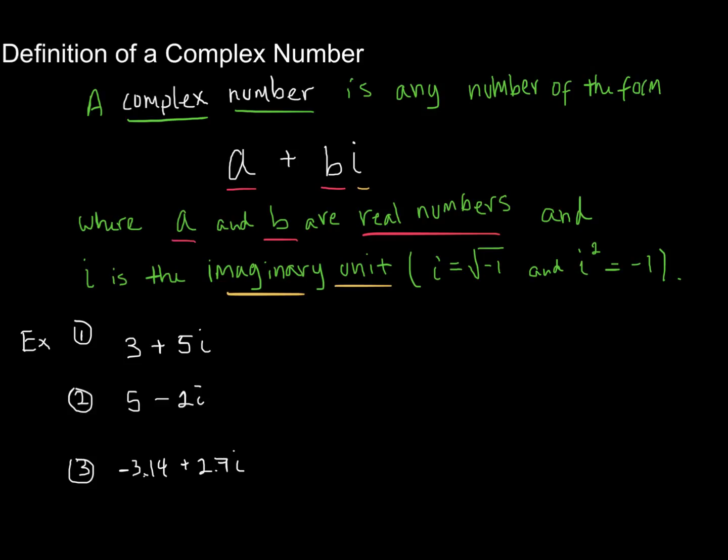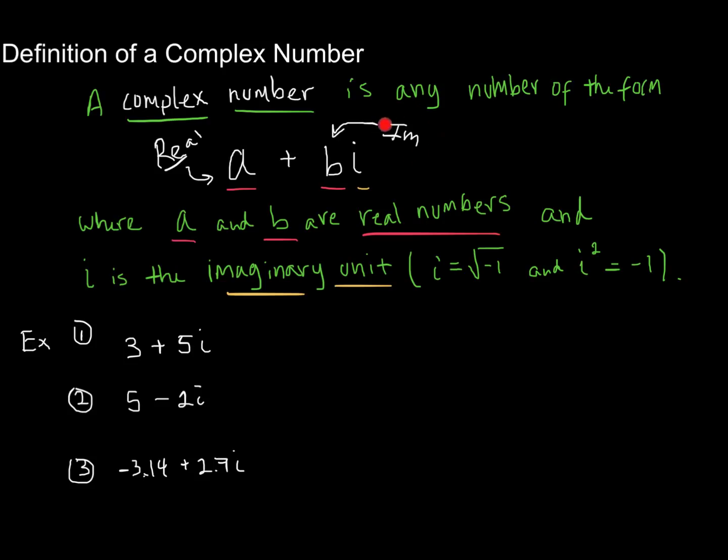Sometimes what we call the real component, we abbreviate Re, and the real component is the a value. The imaginary component, and this is where it gets a little bit tricky, is the value of b. And you might be saying, what do you mean b? b is a real number. Yes.